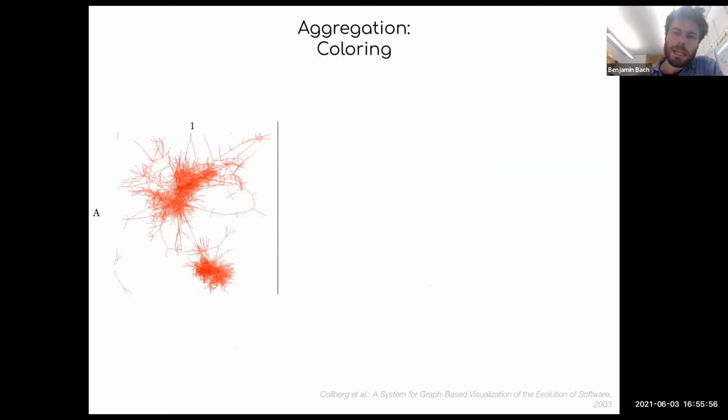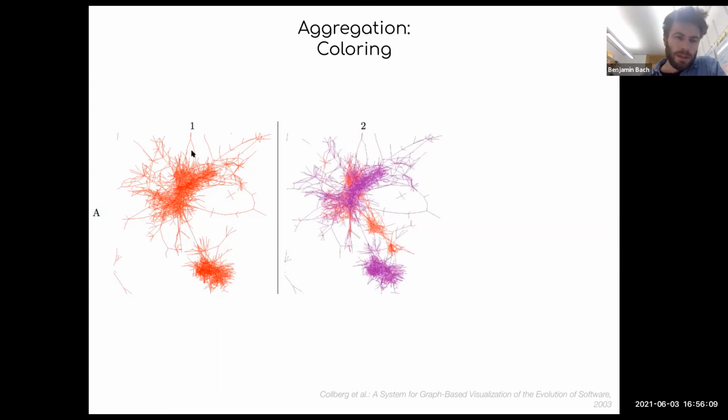Another very common technique for dynamic networks is coloring, where you color the links by the age they have. So if we start the network somewhere and say those are my connections at the beginning of my time, I color them red, and then the ones that are still there at step 2, I color them purple.